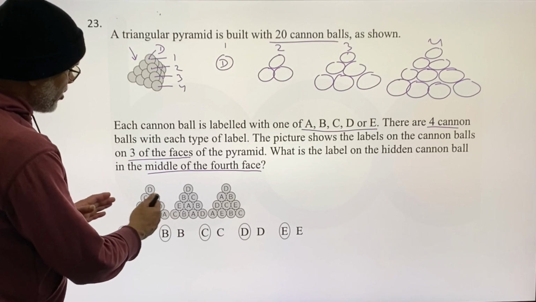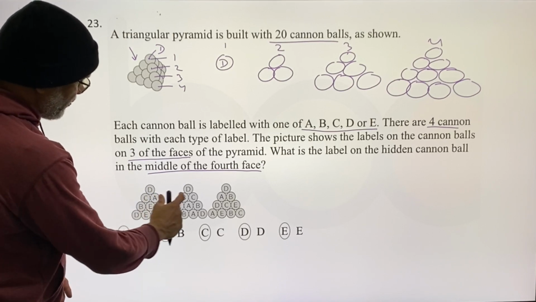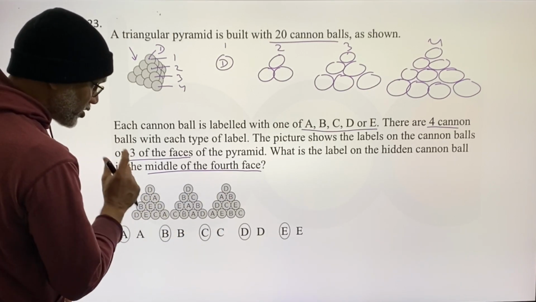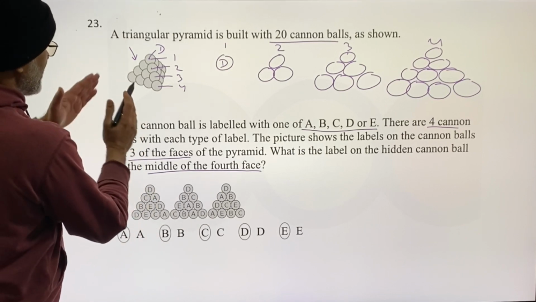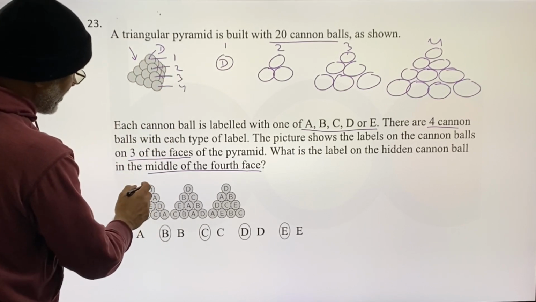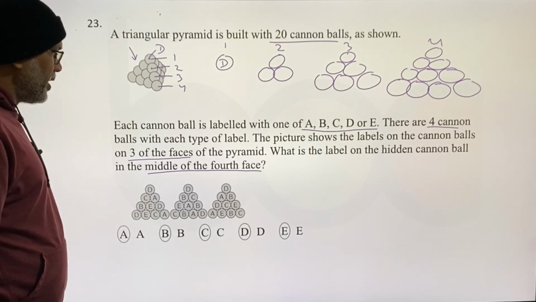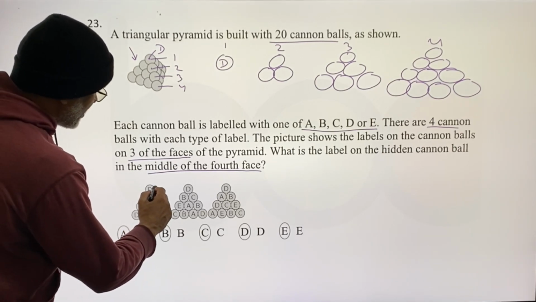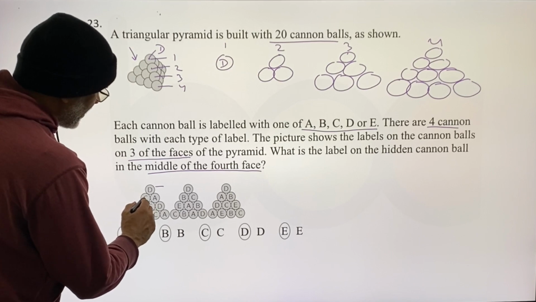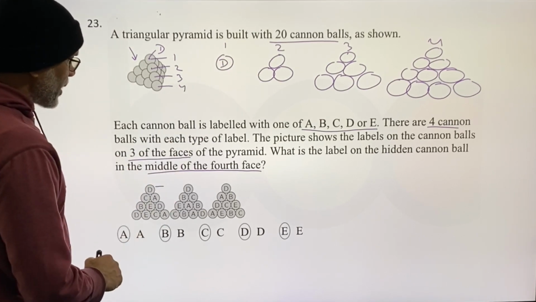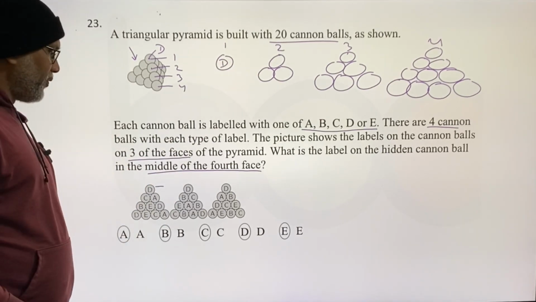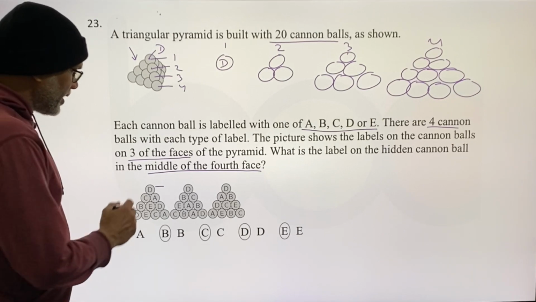Let's assume that the 3 faces that we see are properly oriented, like this is the top instead of this being the top, for example, right? So this layer is taken. This layer, let's try to level the balls and then see if we can do that.